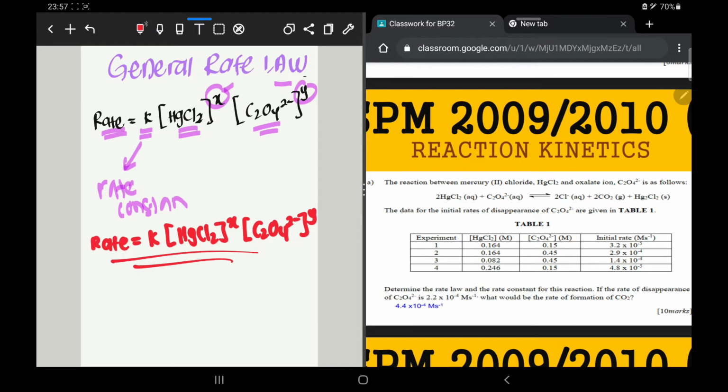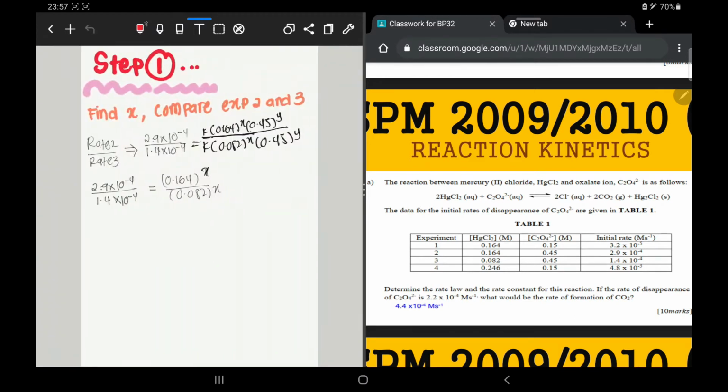After that, for the second step, we need to find the value of x. How you do that is by comparing two experiments. So you need to pick which ones you want to use. In this case, I choose to compare experiments 2 and 3. Why?